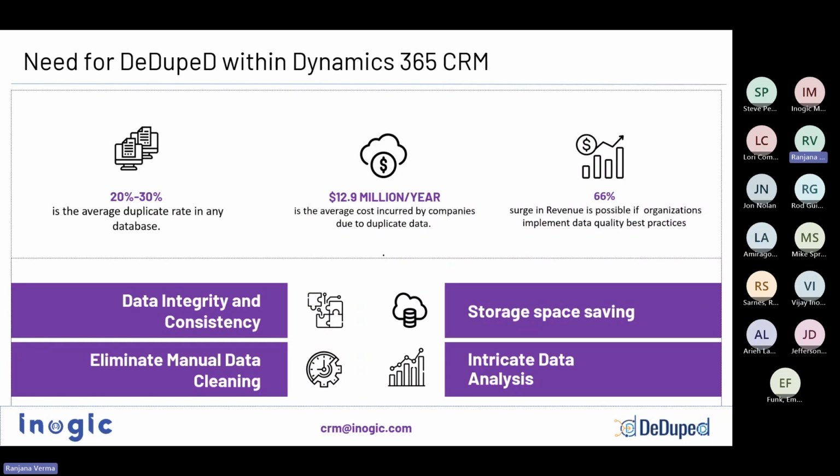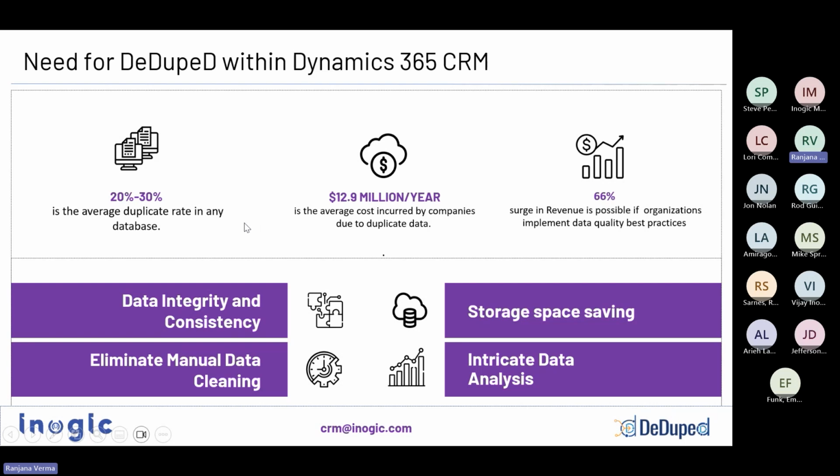As companies, through various fronts, people interact with us. And as a general rule, any interaction is noted in our CRM, in the form of leads, accounts, support tickets, anywhere, right? On an average, if you look at any of your databases, there would be a 20 to 30% duplicate rate present in your database.